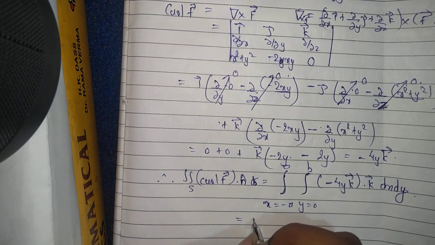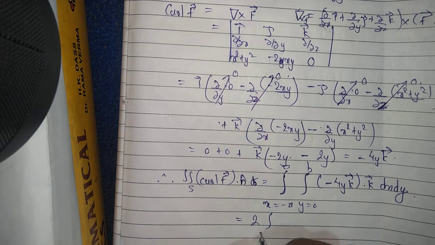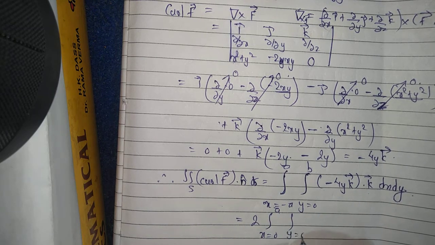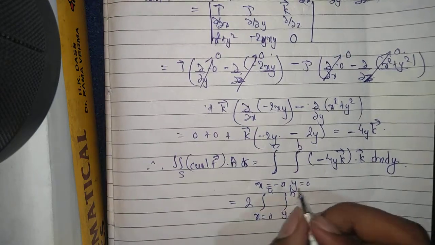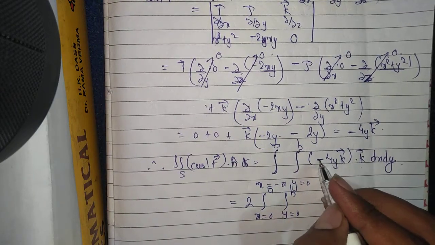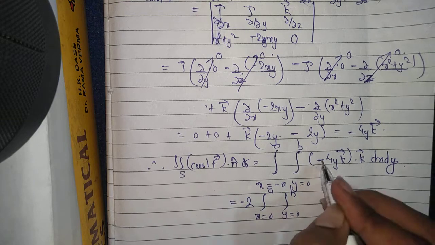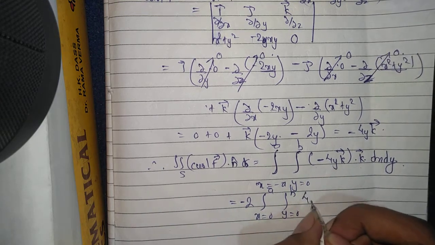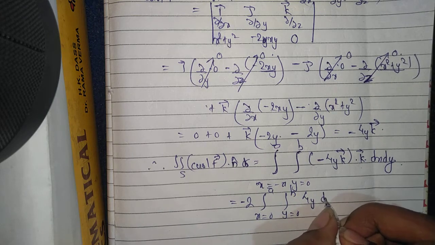Now we can simply write 2 times the integral x equals 0 to a, y equals 0 to b, and from here we take out the minus. We get 4y k dot k, which means 1, so 4y dx dy.